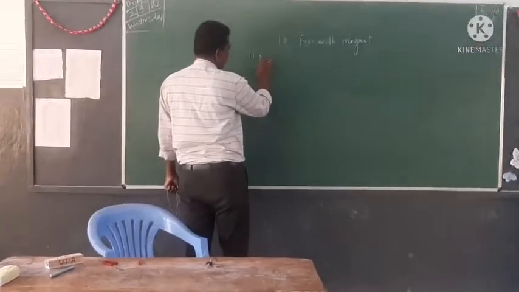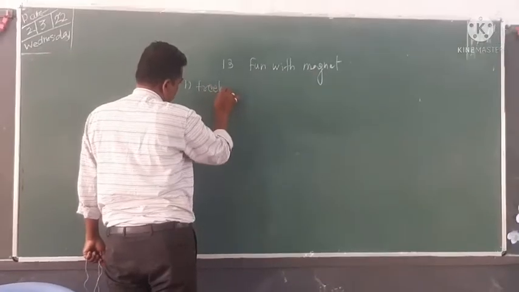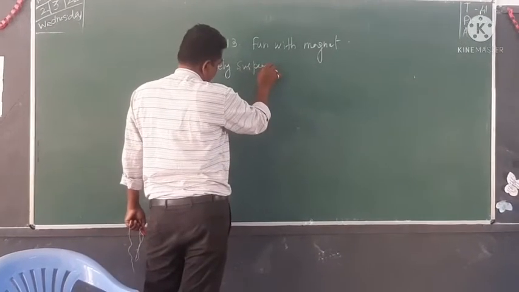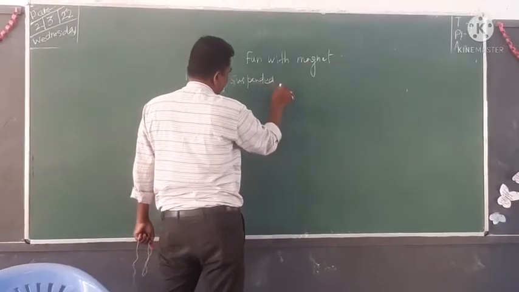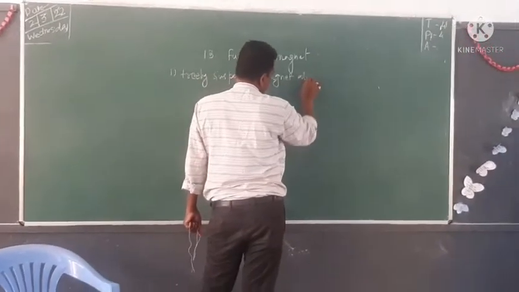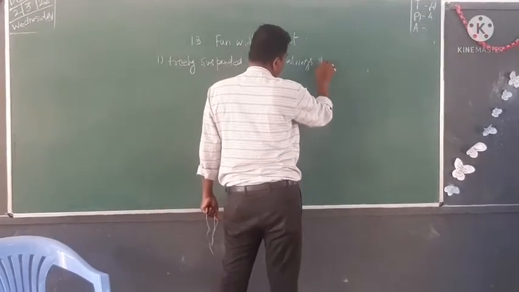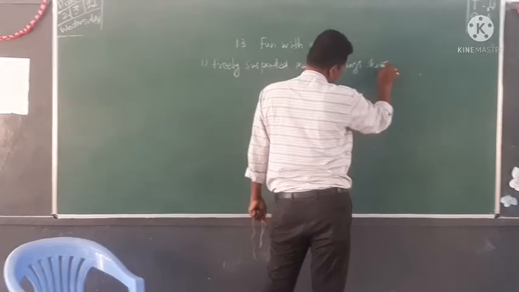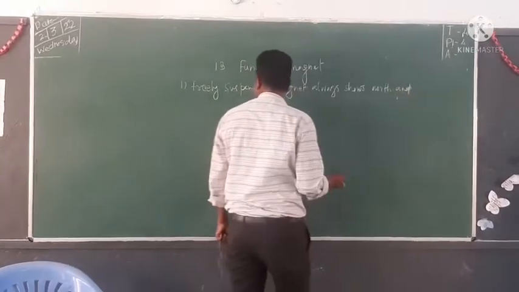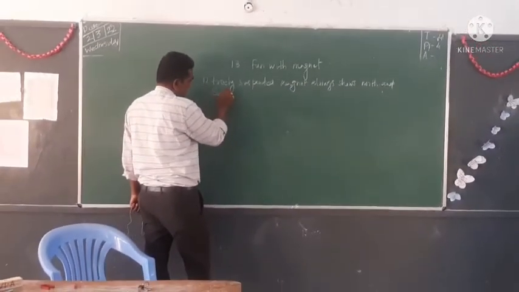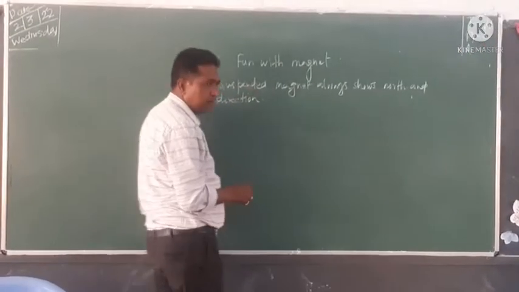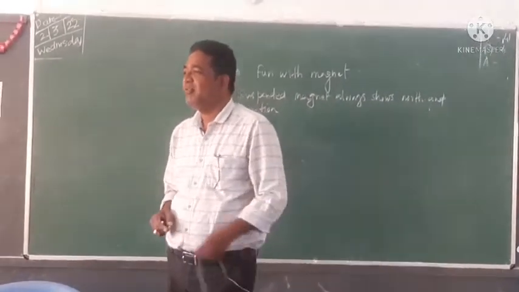Freely suspended magnet always goes north and south direction. Understood? समझ में आया? This is one of the property of magnet.